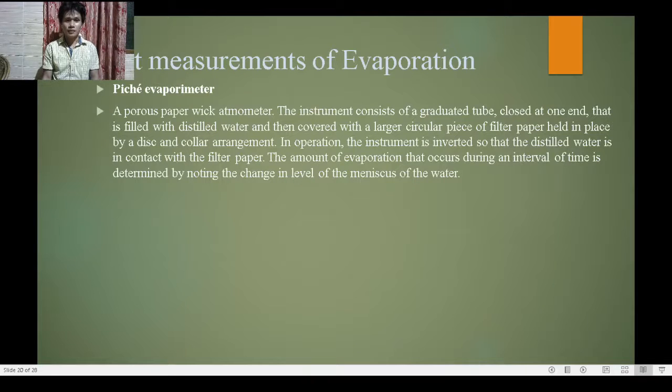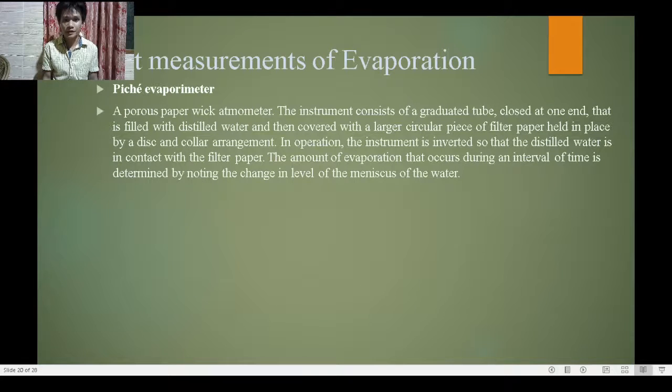So next is the Piche evaporimeter. Piche is the most commonly used in the Philippines. It is a porous paper-weight atmometer. The instrument consists of a graduated tube closed at one end that is filled with distilled water and then covered with a larger circular piece of filter paper held in place by a disc and collar arrangement.